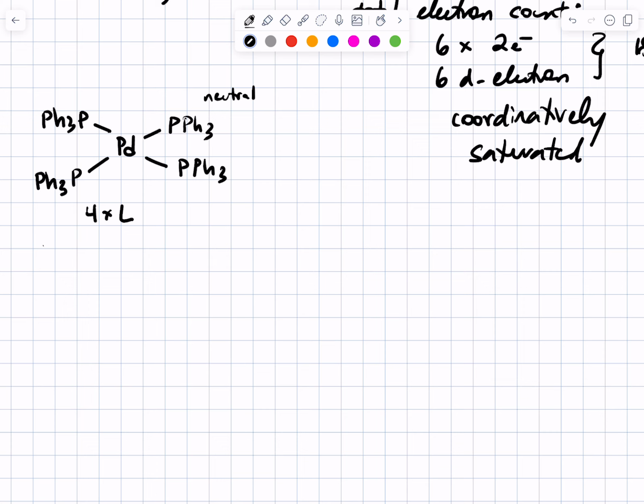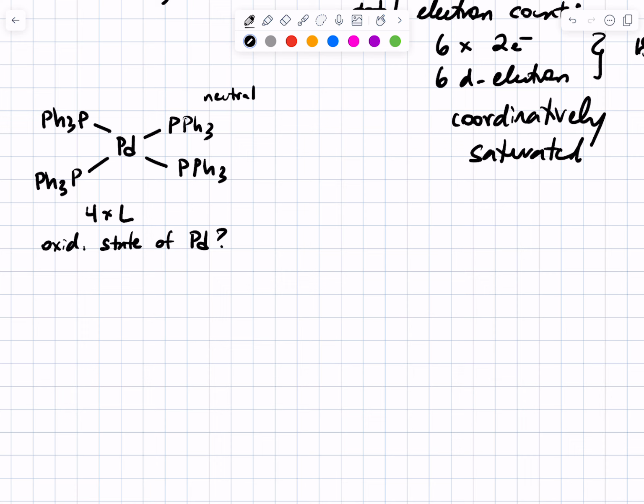So what is the oxidation state of palladium here? +1, +2, +3, -2, what is it? Pull the ligands off. The ligands are all neutral. The complex was neutral to begin with, so the metal must still be what?